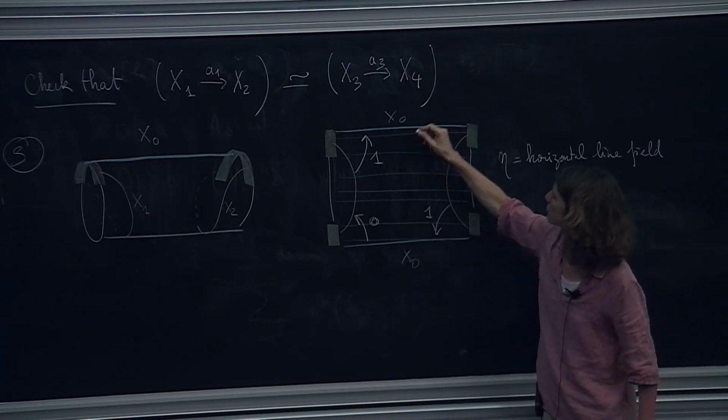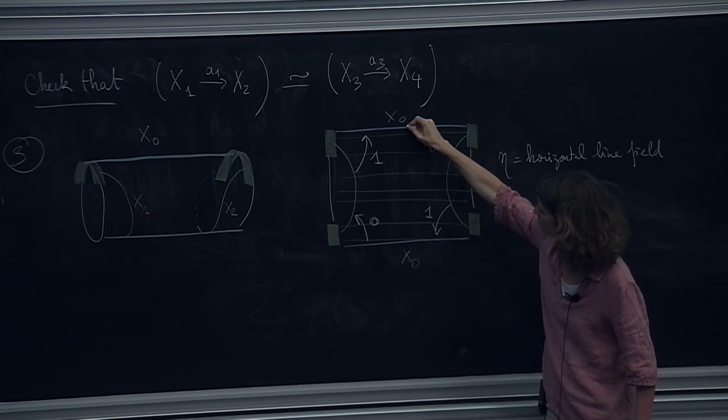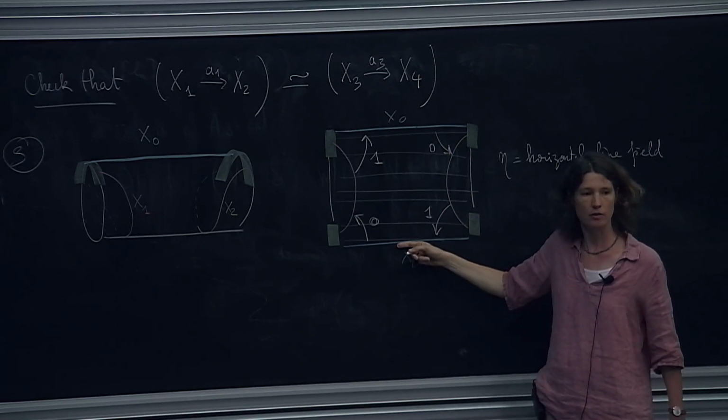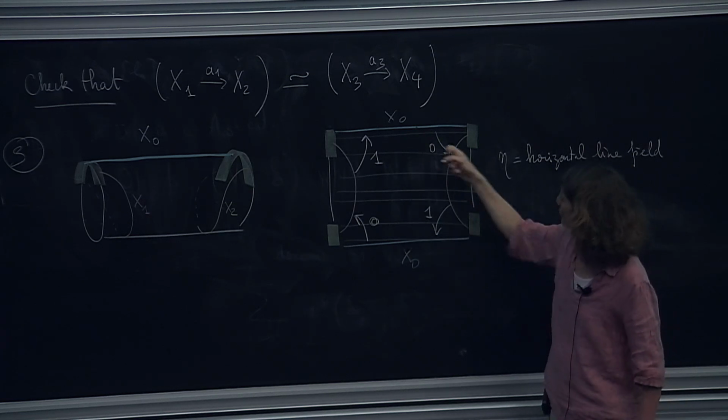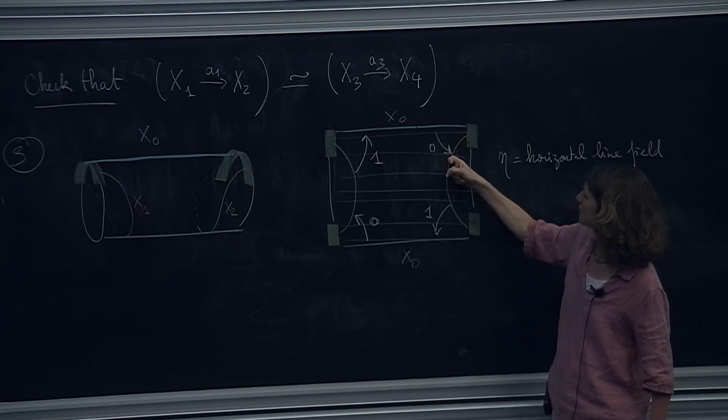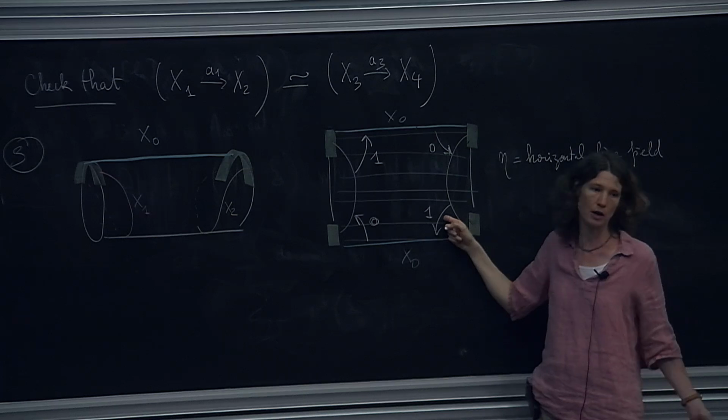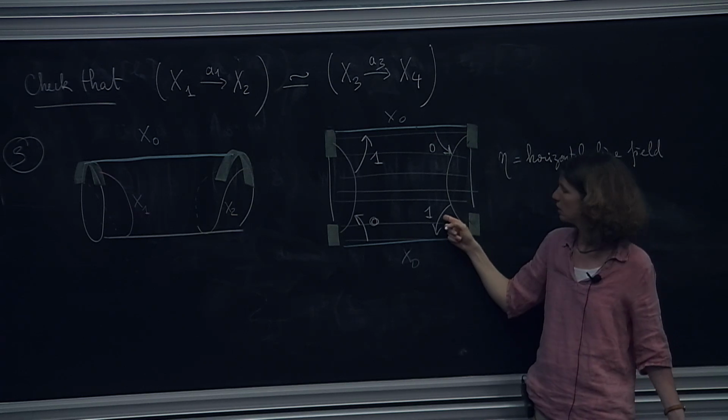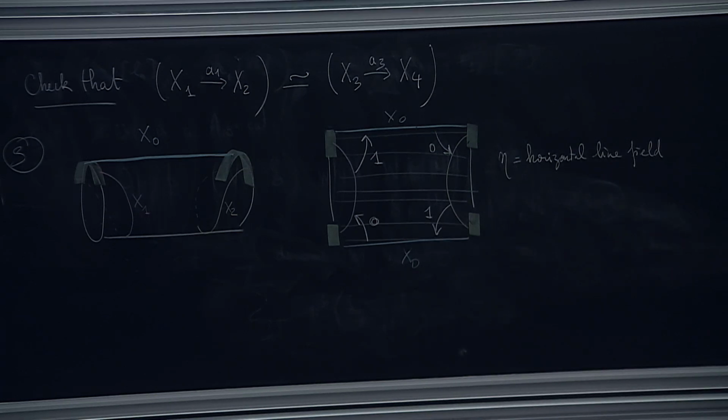So once I have chosen my angle for x0, now it's fixed. If I force this arc such that this is degree 0, then for this one I don't have any choice, and this one will be of degree 1 in this example. So you can check this. Yeah, okay, I did it well.